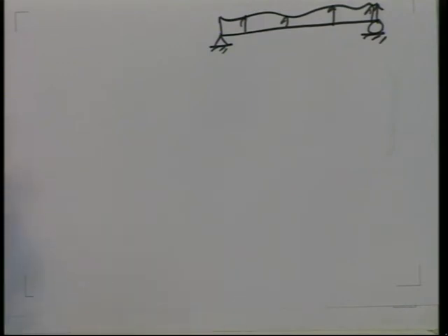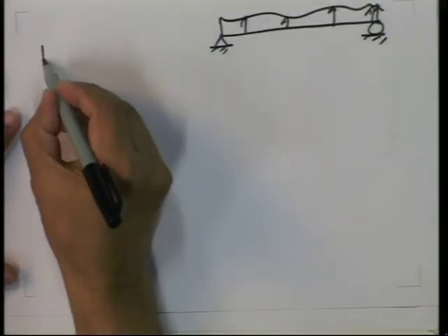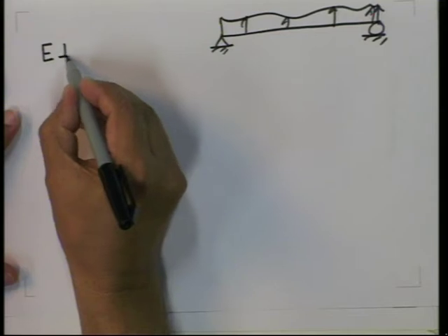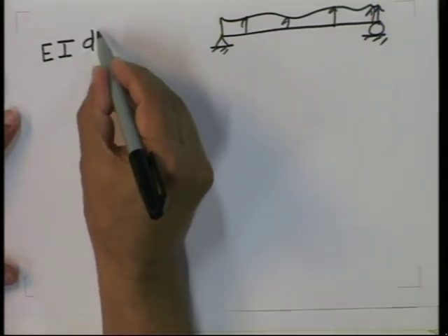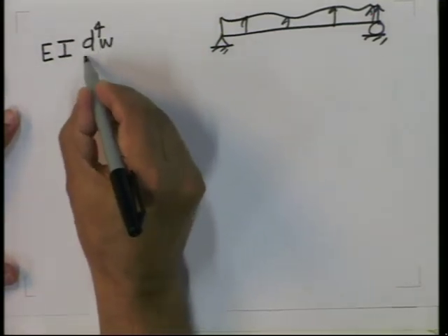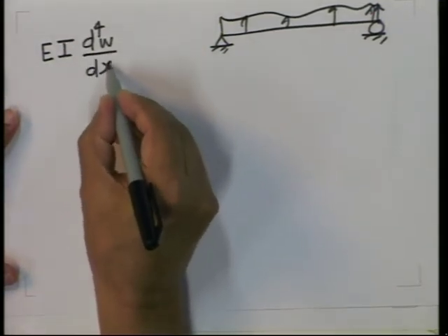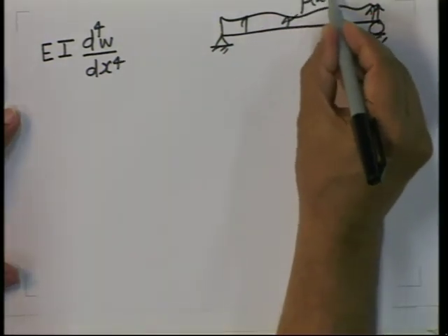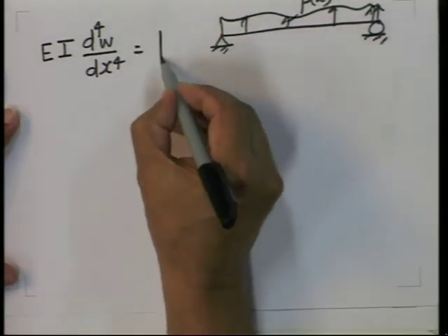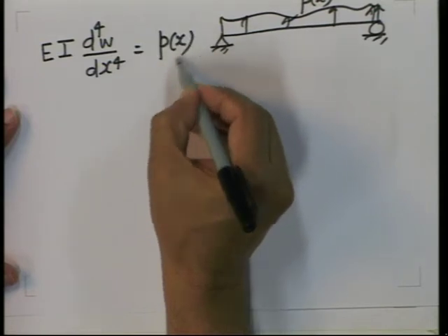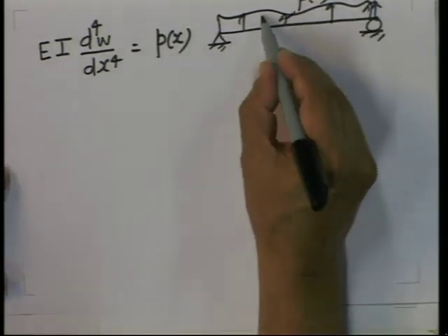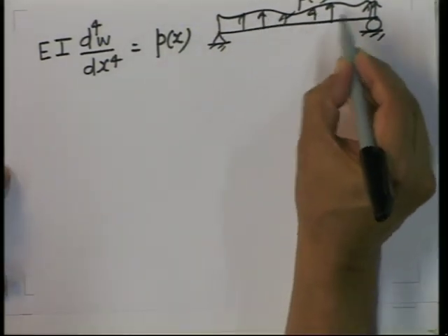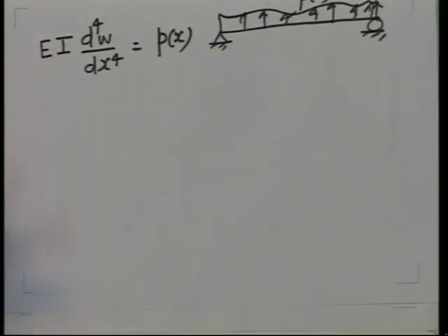The governing equation for this is E I d fourth w by d x fourth equals p x, if this is p x per unit length. I think it is all right if I take p upwards positive.